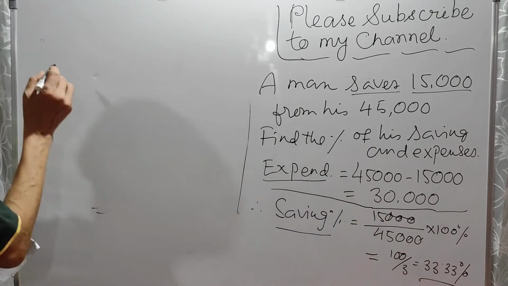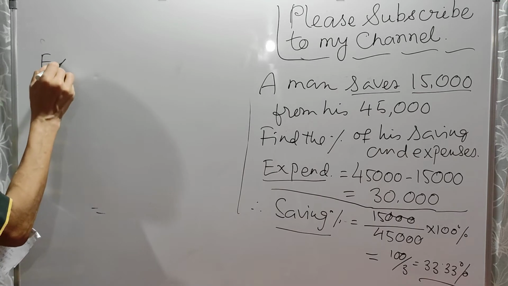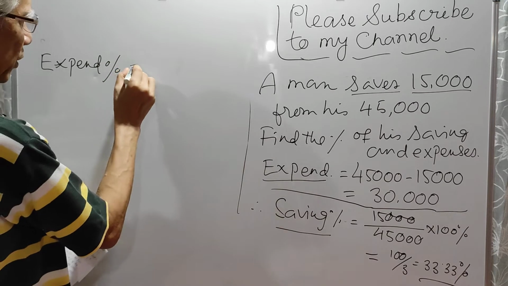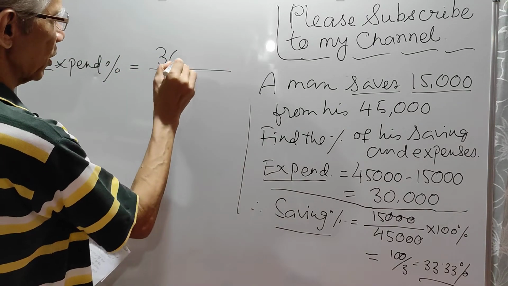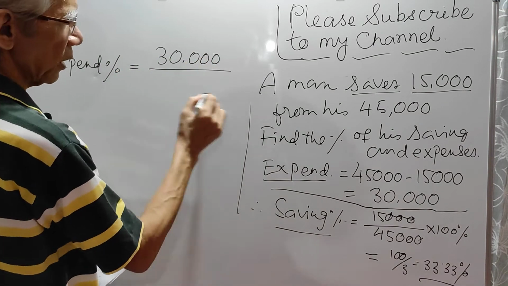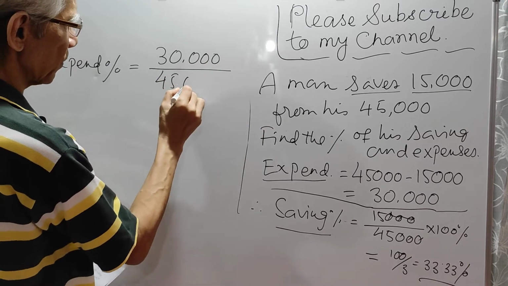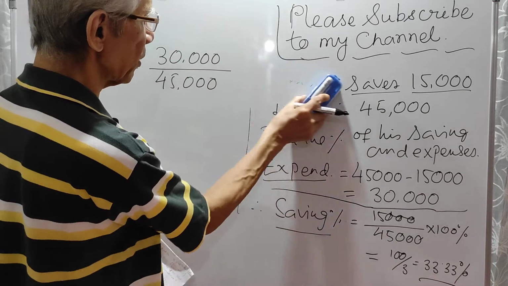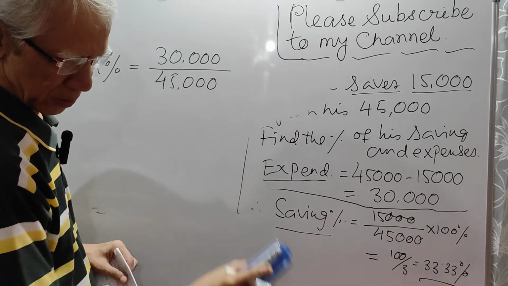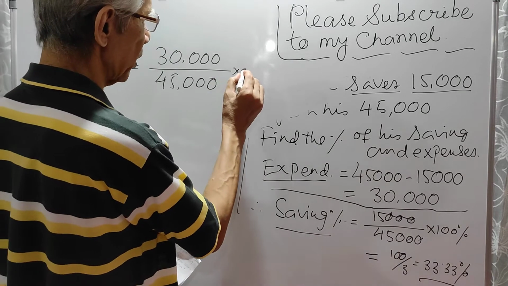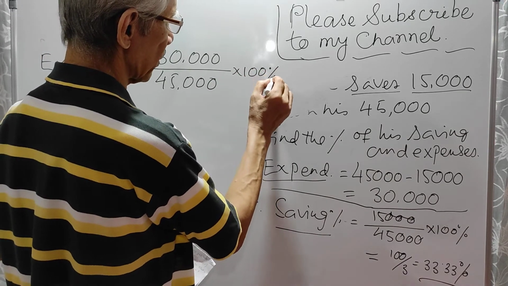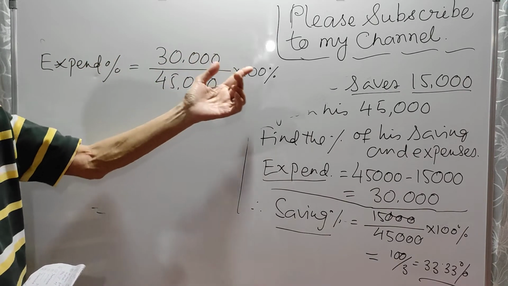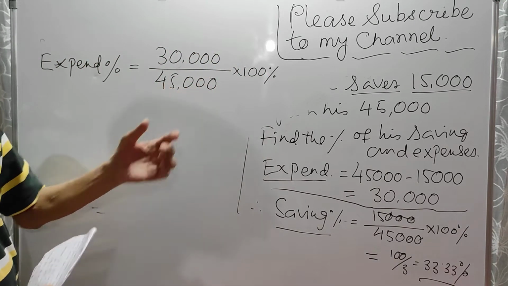Expenditure is 30,000 and the total salary is 45,000. So you have to express it as a percentage, so multiply by 100%. That's the simple rule. We are expressing the expenditure as a percentage of his total salary.